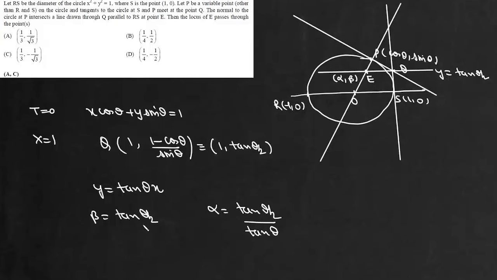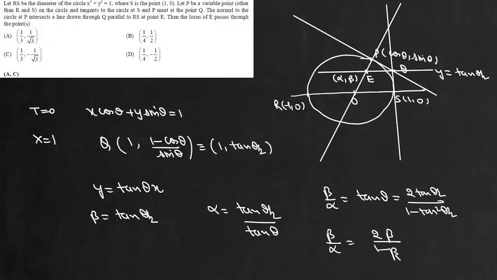Now beta is tan theta by 2, so we can write beta upon alpha as tan theta, and tan theta is 2 tan theta by 2 upon 1 minus tan square theta by 2. Now tan theta by 2 is beta. So we can write this as beta upon alpha, and this is 2 beta upon 1 minus beta square.